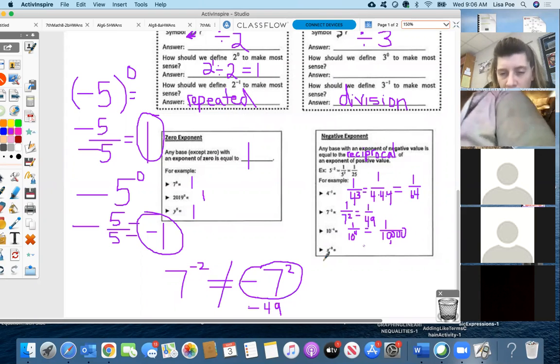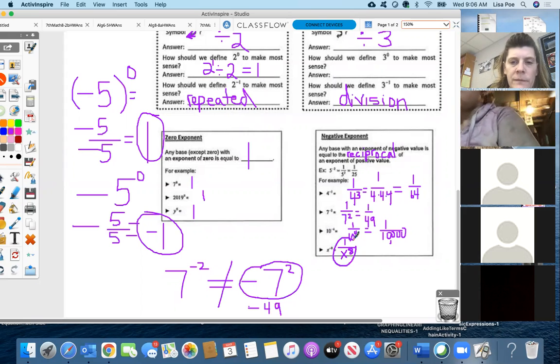Is this all good? Okay, I can't see that power. What is it? X to what power? -8. Okay, so this would be 1/x to the 8th. Can I simplify it any farther than this? That's as good as it gets.